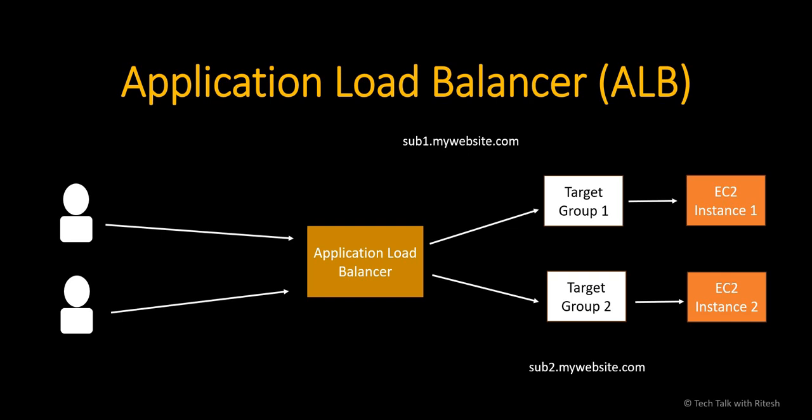Maybe my application is, one is retail application, another one is not retail, maybe a B2B or B2C use cases also. So for the same application, I have multiple subdomains, right? So what I can do, I can use the application load balancer. I will create different target groups for different subdomains, and I will create multiple EC2 instances and attach them to those target groups. And this is how, within the same infrastructure, I can handle multiple websites.